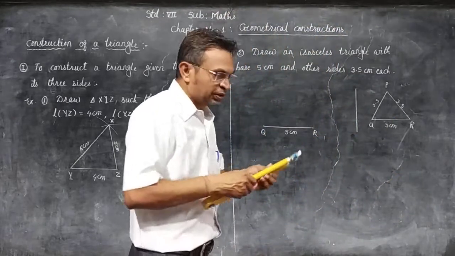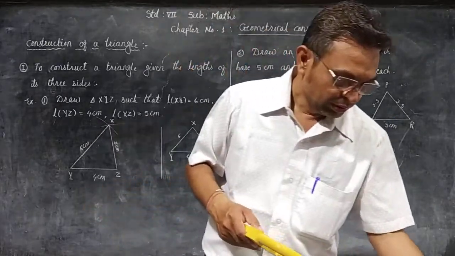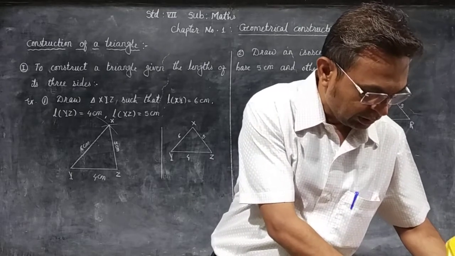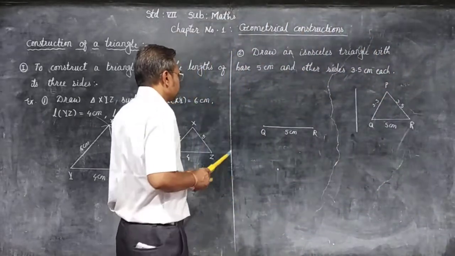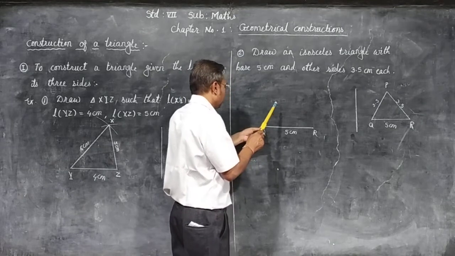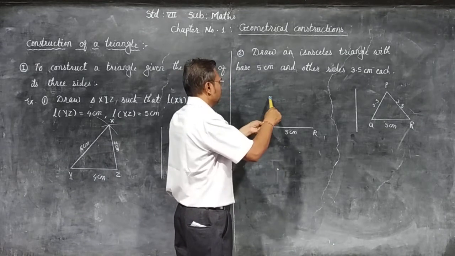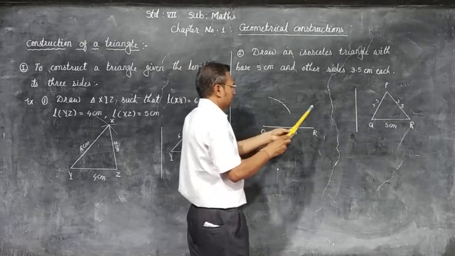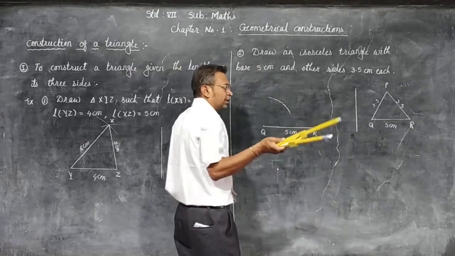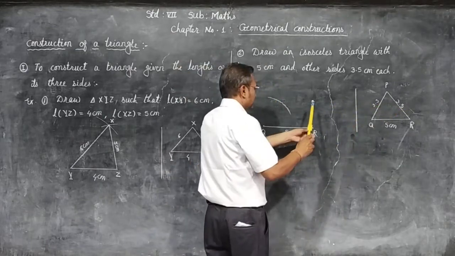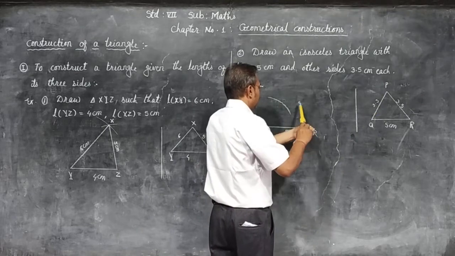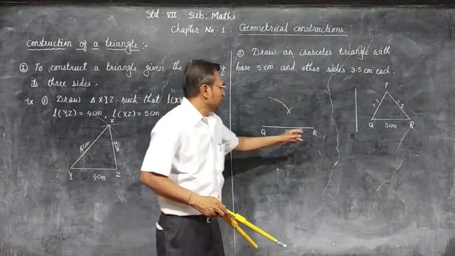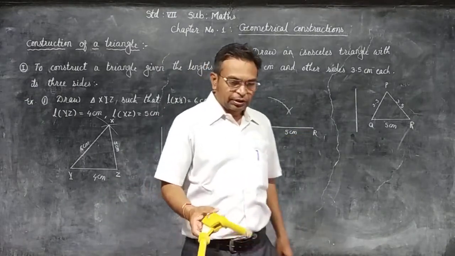Take 3.5 cm distance in the compass by using the scale and put the iron end on the vertex Q and make an arc. Again, take the same distance 3.5 and put the iron end on the vertex R and make an arc.